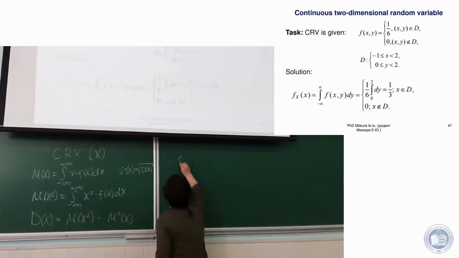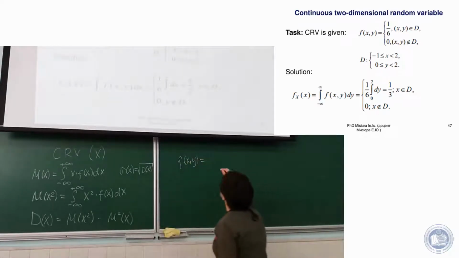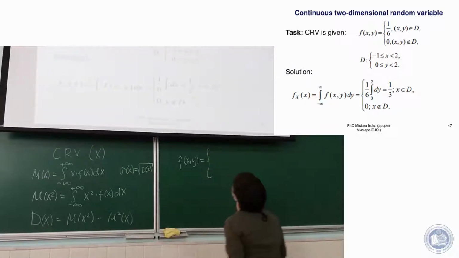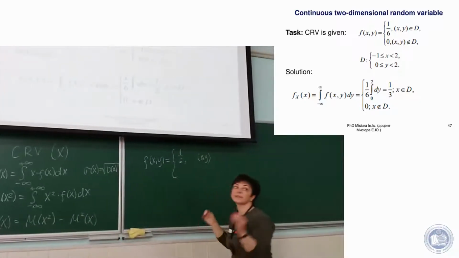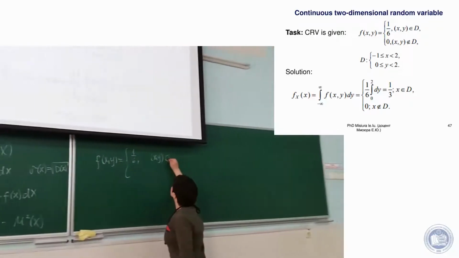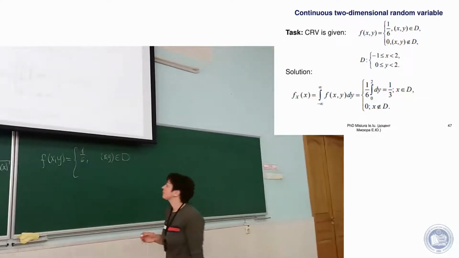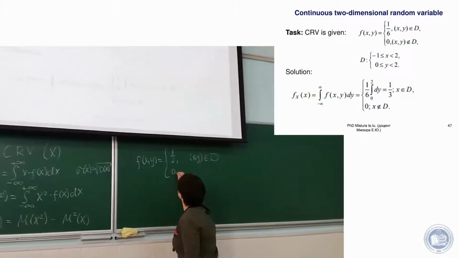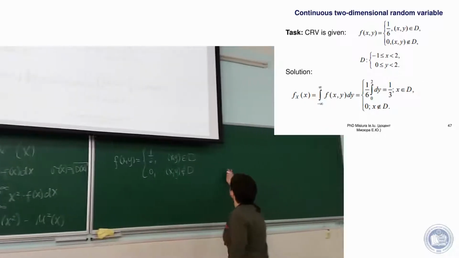We have a function of two variables x and y, and this function will be 1/6 if this point, please remember, x and y means a point, lies in this domain D. And we have 0 if this point does not lie here.